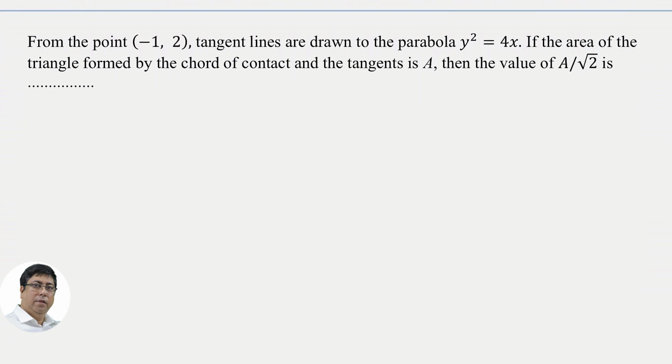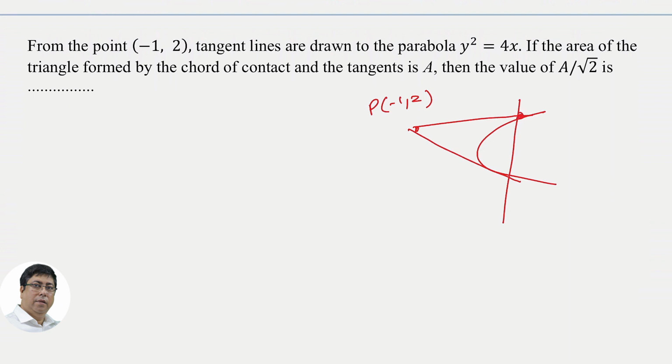Let us find here. First of all, let's draw one rough diagram. Suppose this point is P, minus 1 comma 2. Tangent lines are drawn to y square equal to 4x. So this is P and this point is Q.